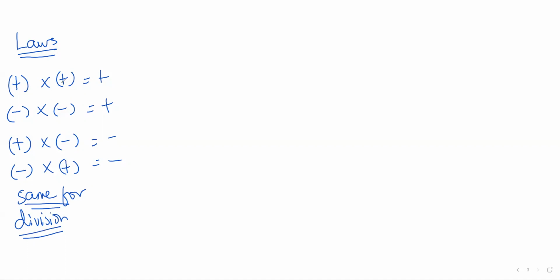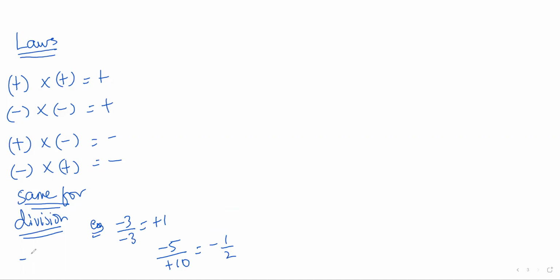A negative sign divided by a negative sign is positive, and the same goes for the rest. Positive divided by negative, and negative divided by positive is negative, right? For example, negative 3 divided by negative 3 is positive 1, negative 5 divided by positive 10, negative divided by positive is negative, negative 1/2.